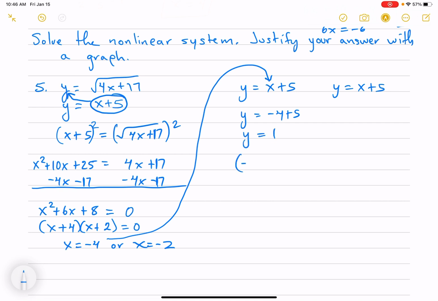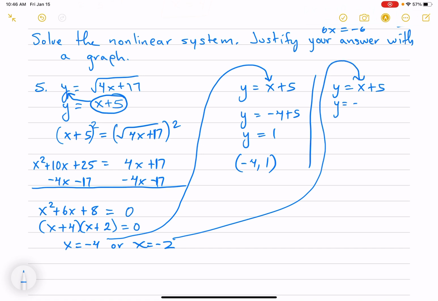So when x equals -4, y is 1. Second time around, I'm going to substitute -2 here. And we're going to get -2 plus 5, which is 3. So when x equals -2, y is 3. So these are the two solutions: (-4, 1) and (-2, 3).